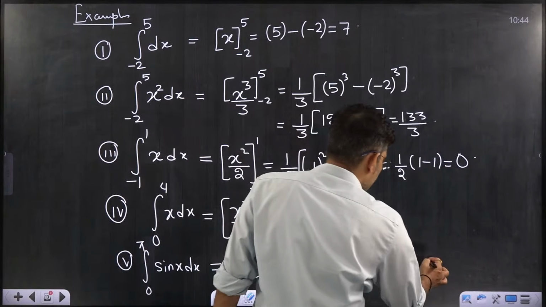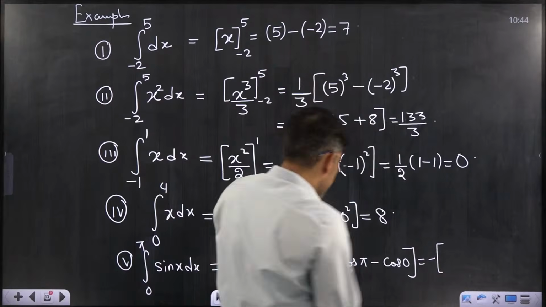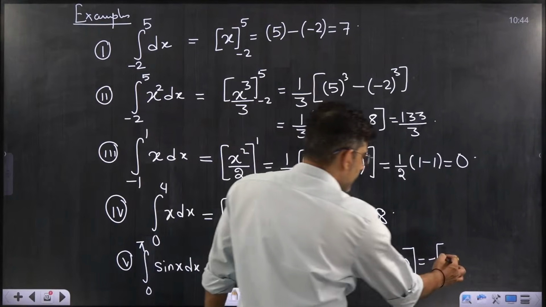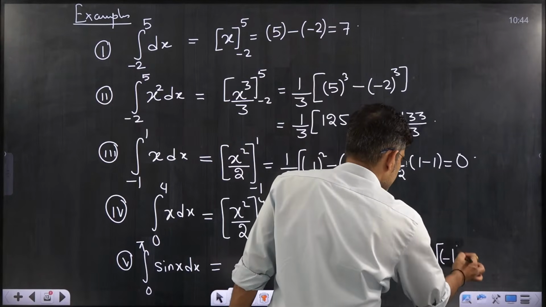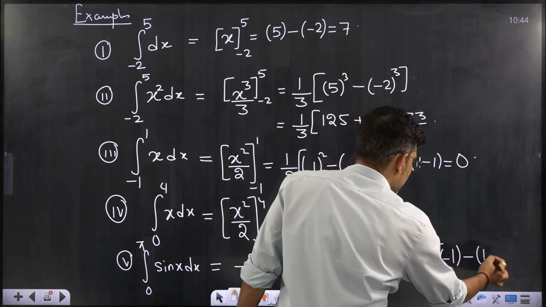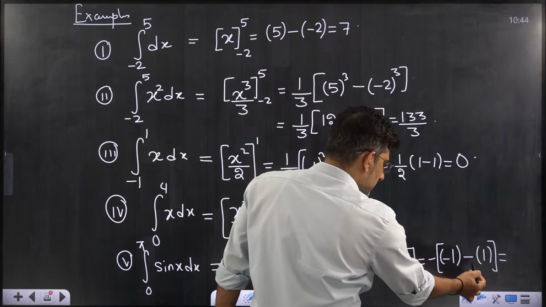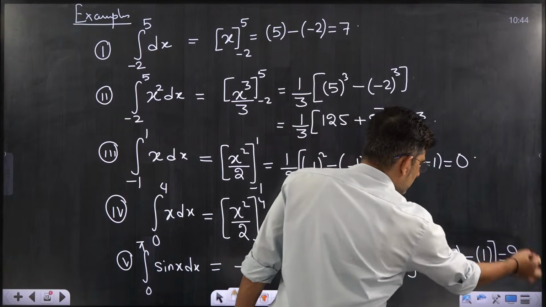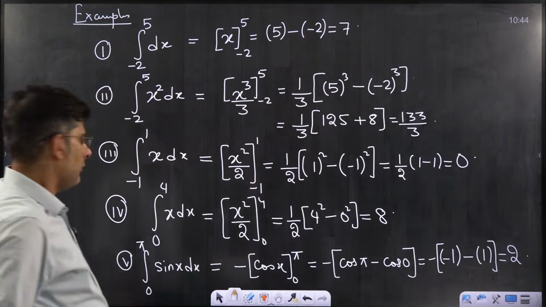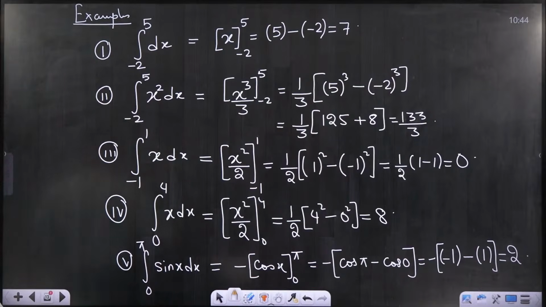Now I have told you already in trigonometry, pi means 180 degrees, cos 180 is minus 1 and cos 0 is plus 1. Minus of minus 1 minus plus 1, that is plus 2. So when you are integrating sin x from 0 to pi, you are getting the value as 2.